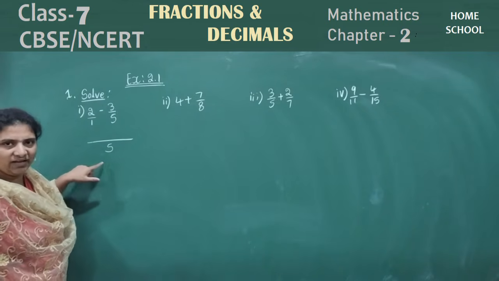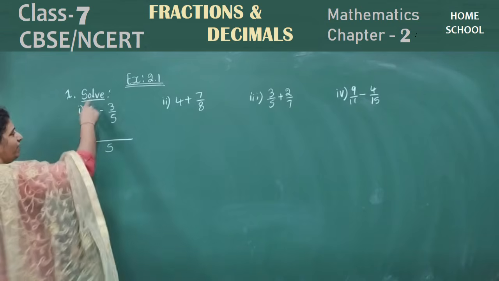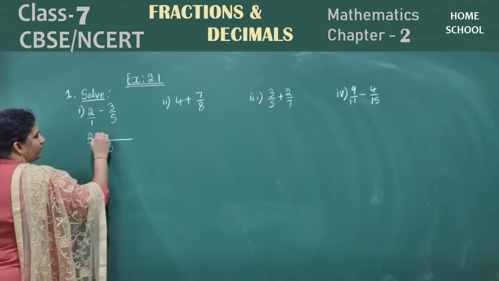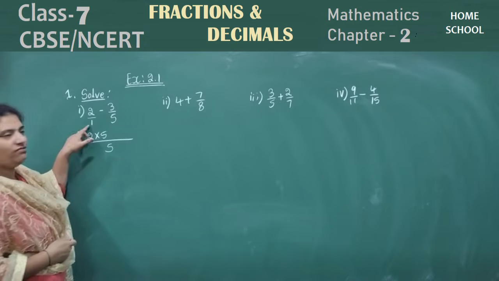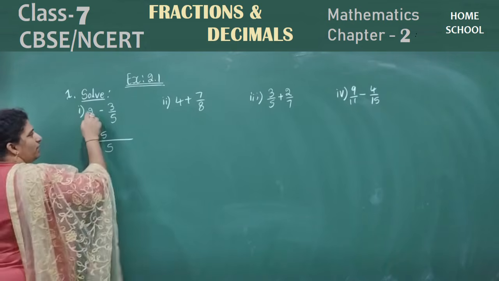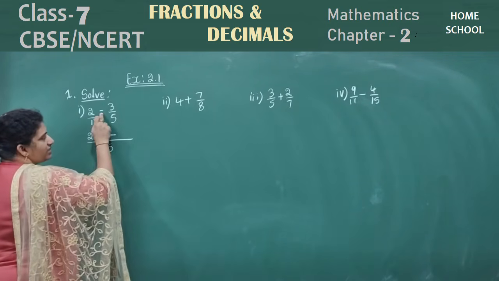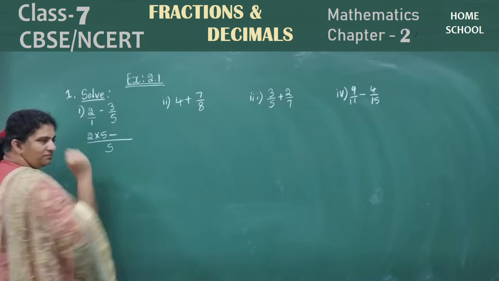In the table of 1, where do you get 5? 1 fives are 5, so that 5 multiplies for this number. Minus, whatever sign you have, take that sign here.